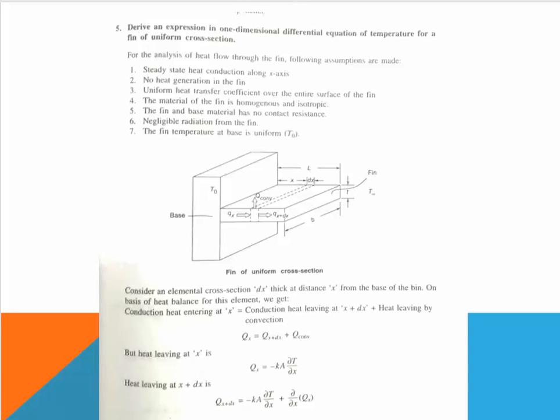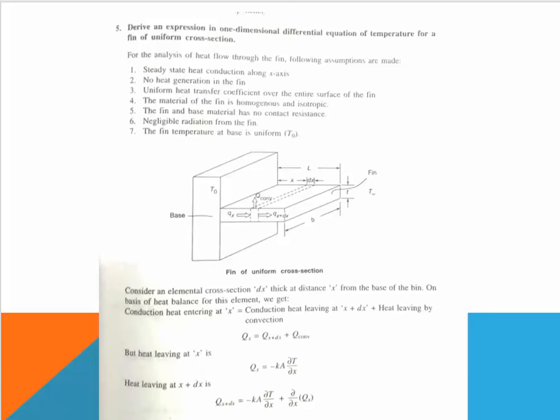the fin. On the basis of heat balance for this element, the conduction heat entering at x is equal to the conduction heat leaving at x plus dx plus heat leaving by convection. That will be Qx is equal to Qx plus dx plus Q convection.